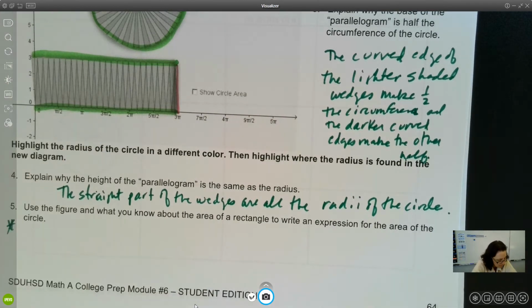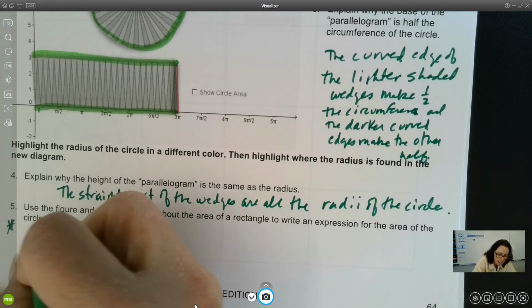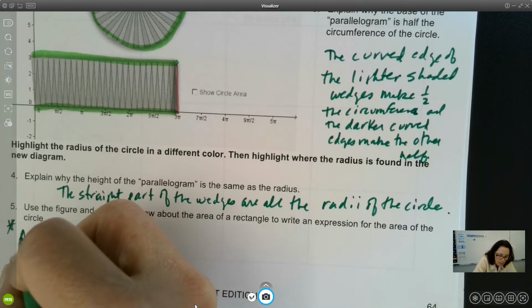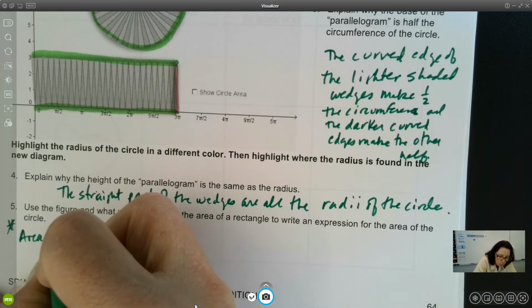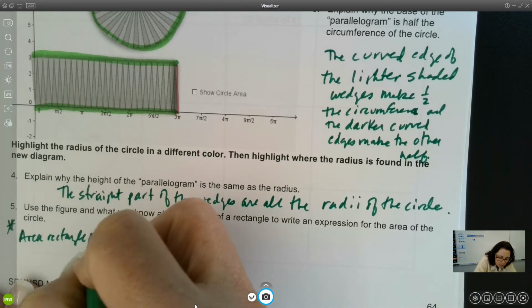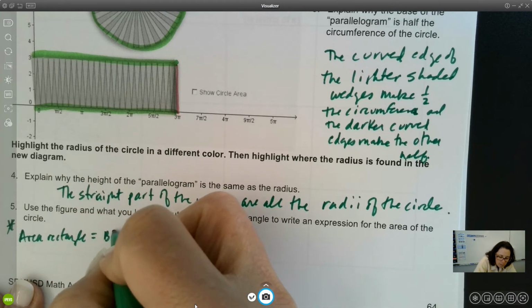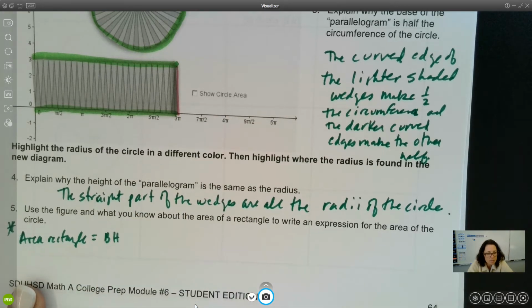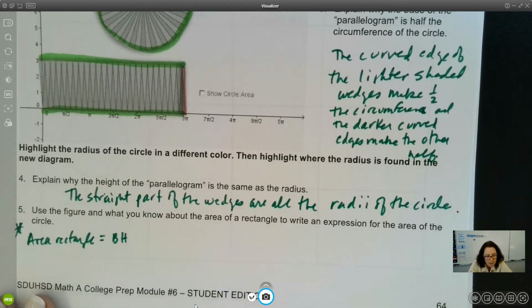Number 5. It says use the figure and what you know about the area of a rectangle to write the expression for the area of a circle. All right, so we know area of a rectangle is base times height. Or length times width, but I'm going to use base times height.